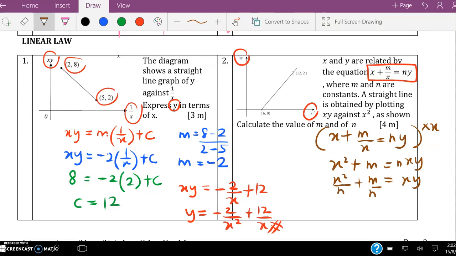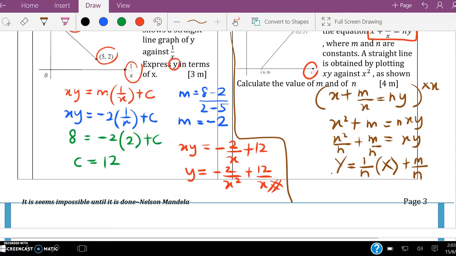So we're going to find the gradient. The gradient is y equals 1 over n x plus m over n. So we'll have this division or calculation.